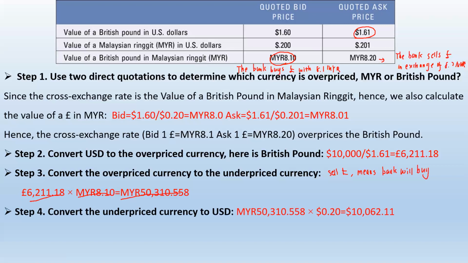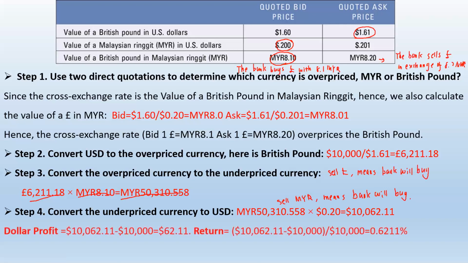Because for US dollar here, we sell MYR, which means the bank will buy, and we use the bid price because the bid price is the bank's buy price. So in total, our ending balance is 10,062 US dollars.